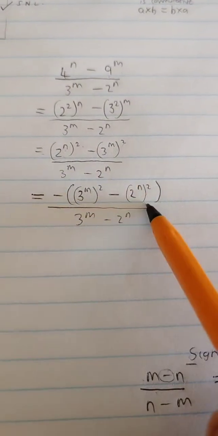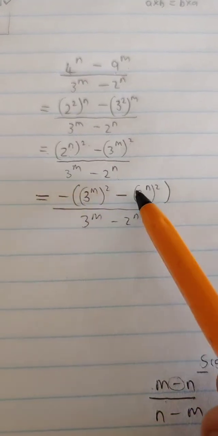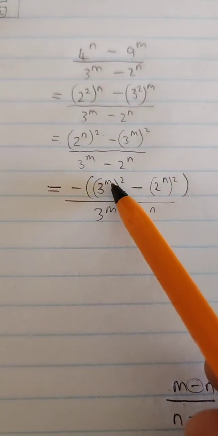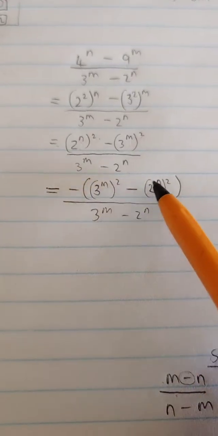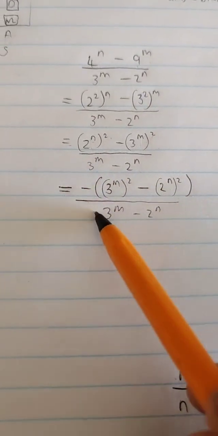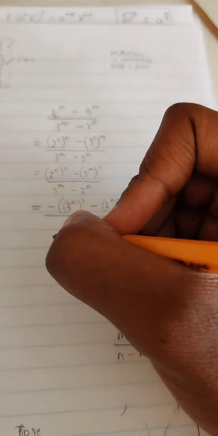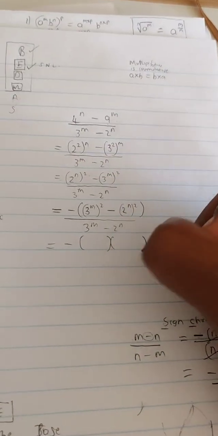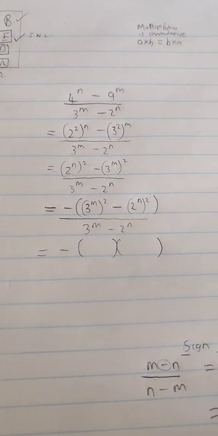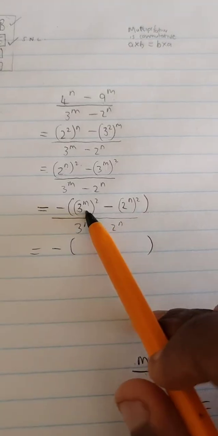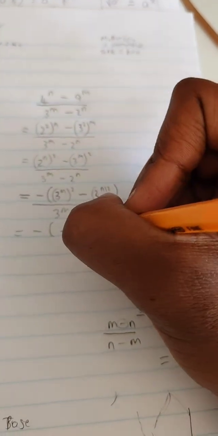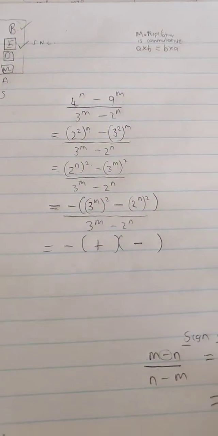Then I look inside the bracket. What type of factorization is this? It's a difference of 2 squares in the right order, because it will prepare cancellation. So now remember, with difference of 2 squares, we open 2 brackets. We put a plus and a subtraction sign.